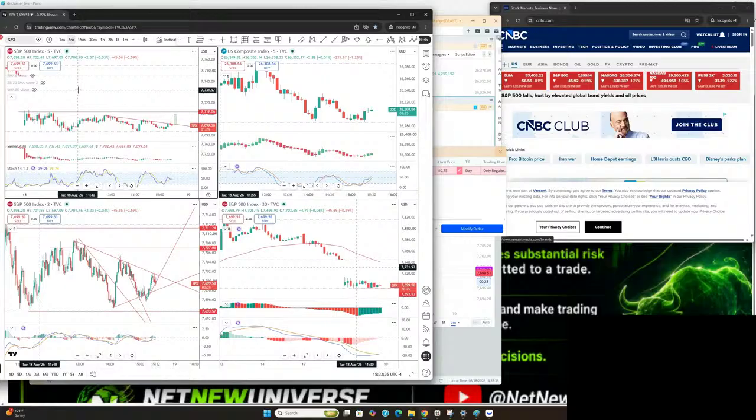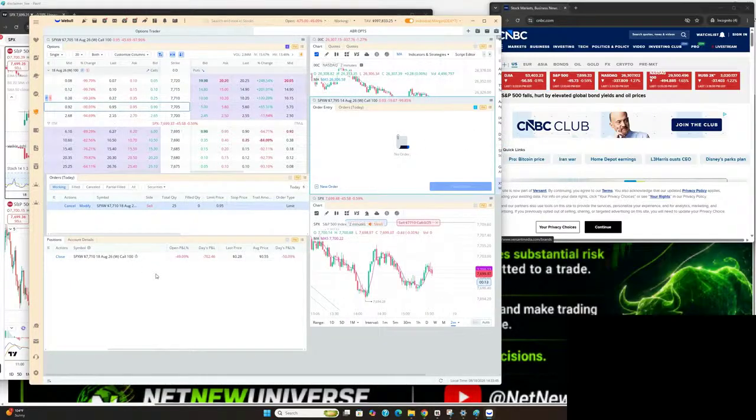It actually looks like a red. Whatever we made in the last trade is giving up. I think I made 900 back and now it's 102 coming back.